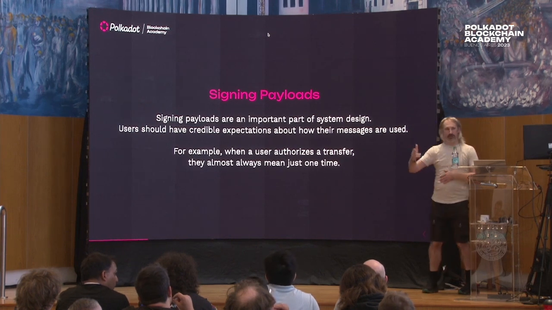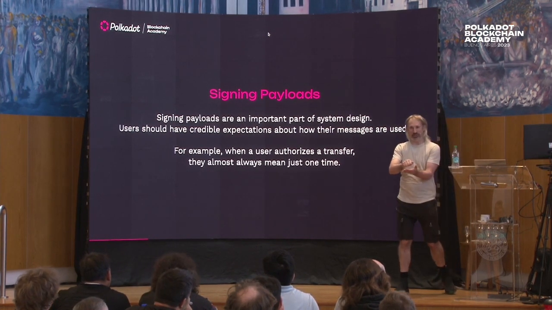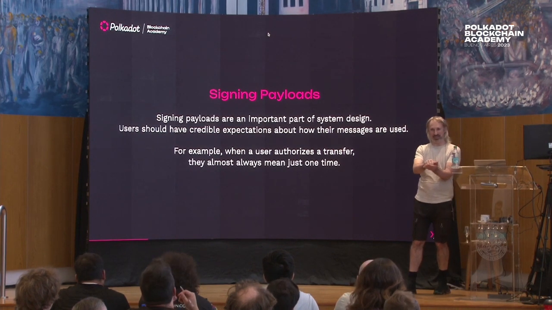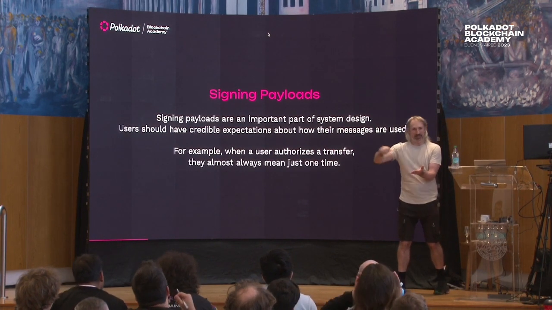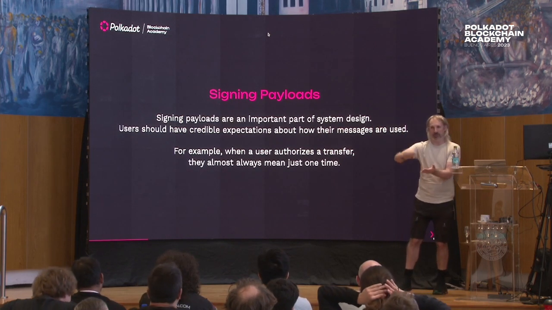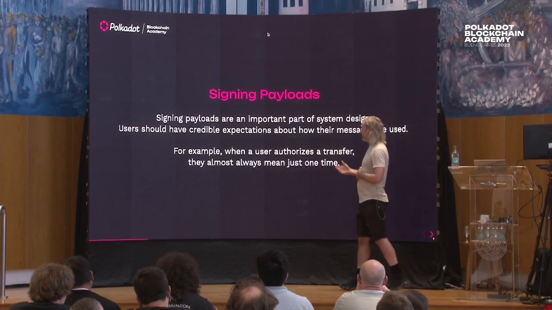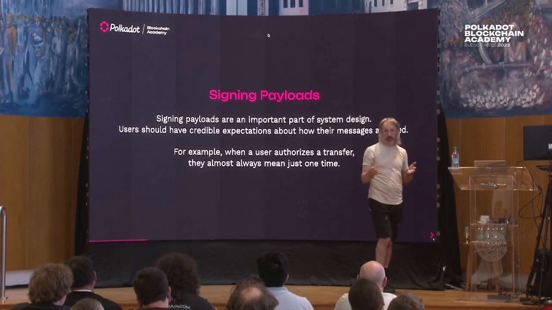I only mean for that transfer to be done once, right? It should not be possible for someone to take this and give it to whatever digital system, blockchain, bank, doesn't matter, multiple times to keep sending $100 from my account to Joe Blogg's account. There is an expectation that a message, or indeed a signature, should only be used once.